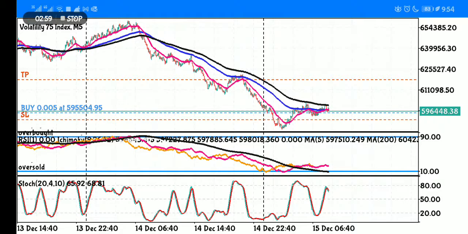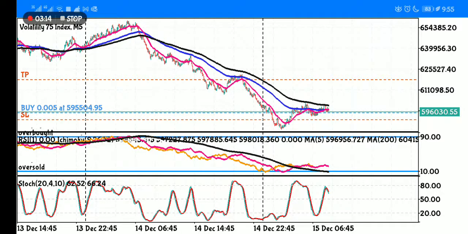All right, now quickly, the Ichimoku strategy works in this wise. When the Ichimoku and the 50 and 200 moving average touch the 10 or the 90 level, then what you need to wait for is the cross.